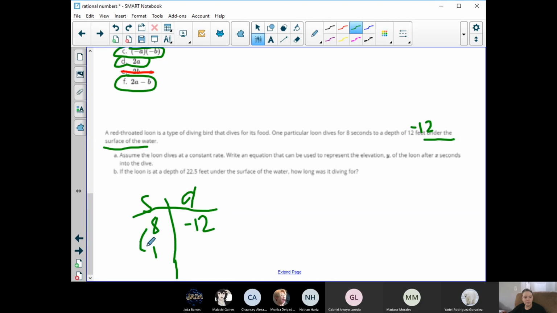So from 8 to 1, am I multiplying or dividing, and what by? All right, we're going to divide by what?